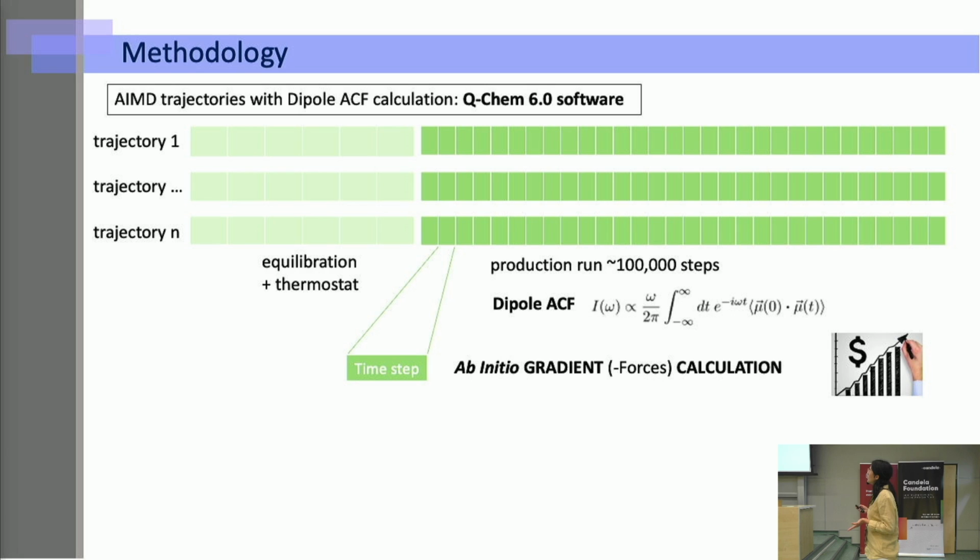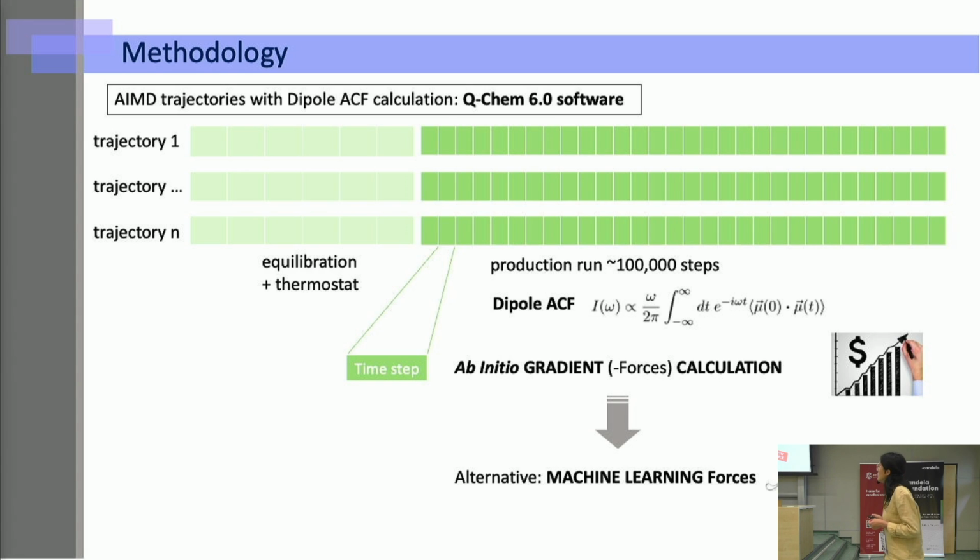So we are speaking about trajectories of 100,000 steps. The expensive part at each step is the calculation of the forces, which is done at the ab initio level. Of course, this increases the price with the size of the system and the level of theory.